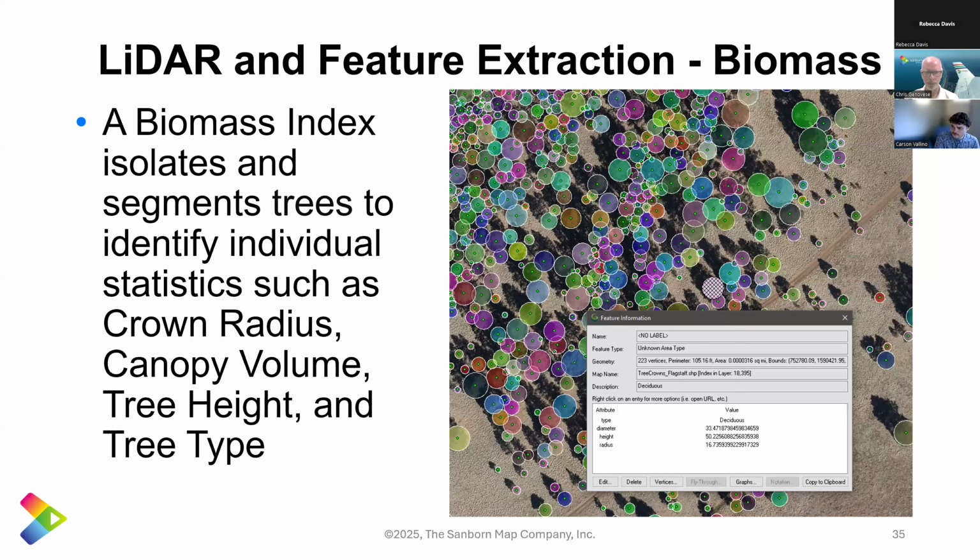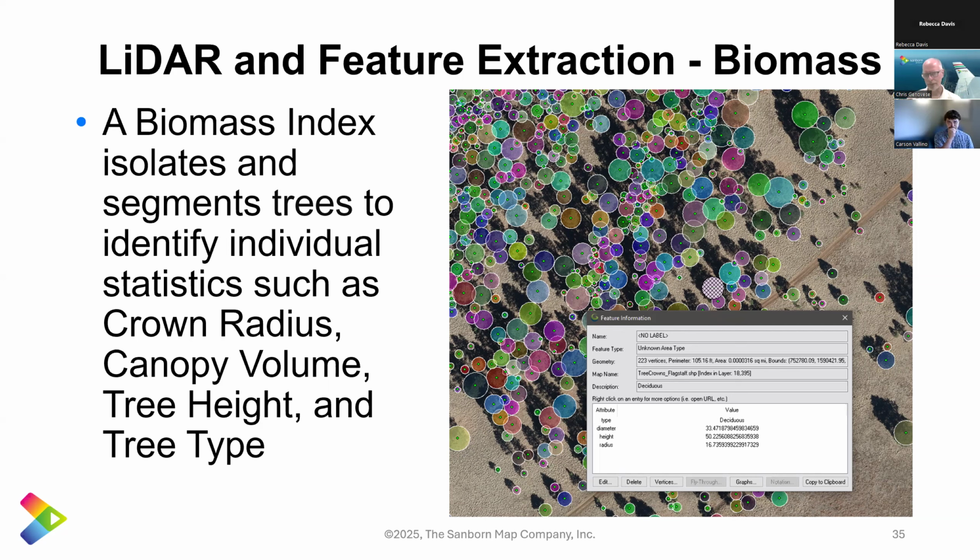Biomass. So, again, the LiDAR gives us a really good view, especially with the multiple returns and the intensity and things like that, to give us a good understanding of biomass. Not just are there trees around, but what's the height? How dense are the branches and the foliage within the extent?